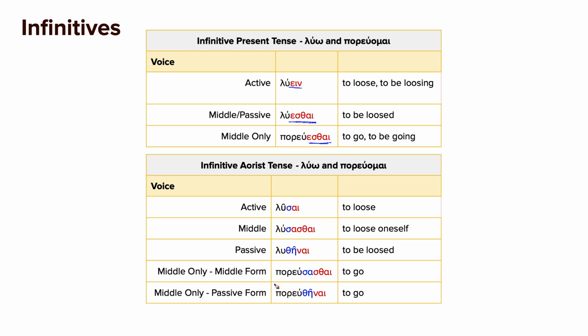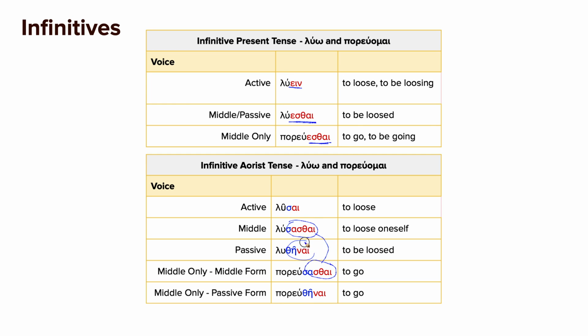And then a middle only verb like poreuomai or erchomai, you have -sasthai. Notice up here we have -esthai and it becomes -sasthai. So you have the sigma alpha, which is often a sign of the aorist, poreusasthai. And then the passive form of a middle only verb is poreuthenai. Notice how these are the same. This one here is the same as this one here.